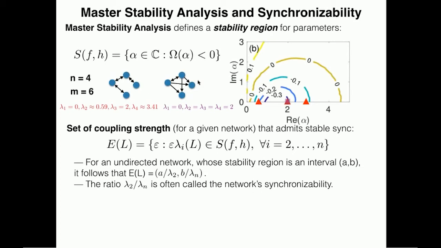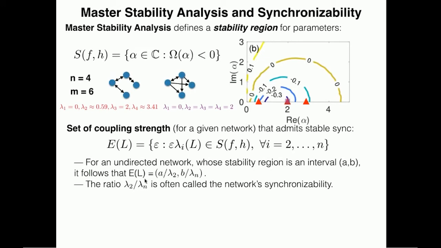The next question to ask is, if I give you two networks, and here I'm showing two examples, one that has eigenvalues that spread out and the other that has identical eigenvalues, which one is better? It turns out that you can quantify that by defining the set of coupling strengths that admit stable synchronization. Basically, you ask what are the possible coupling strengths the network can use in order for the spread-out points to all be contained in the stability region. For undirected networks whose stability region is an interval, we can calculate that set explicitly, which also gives an interval.